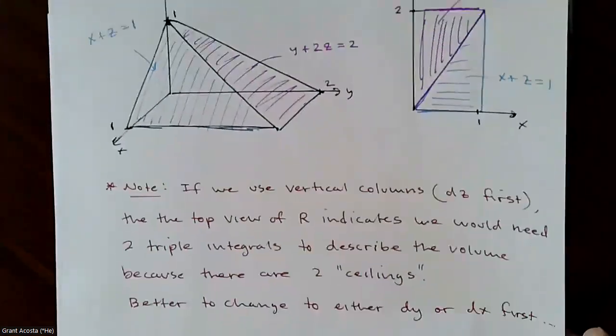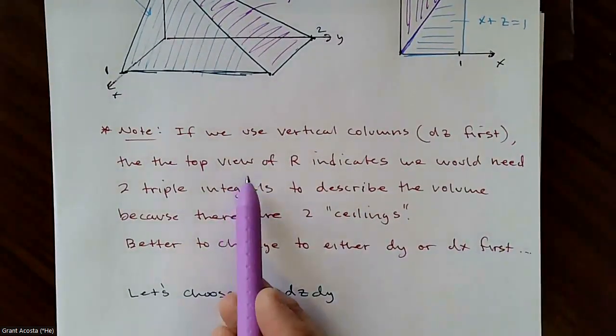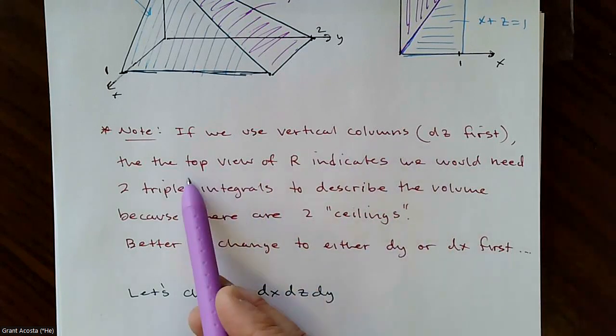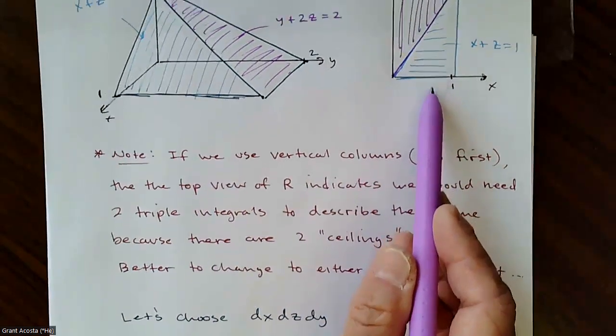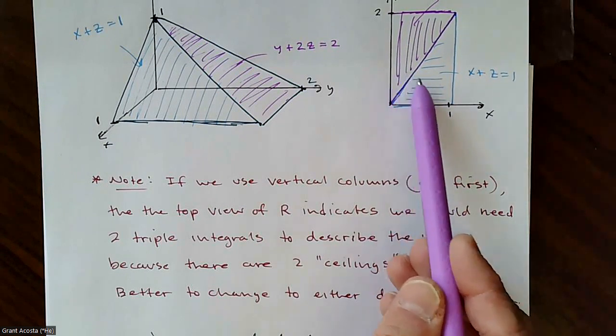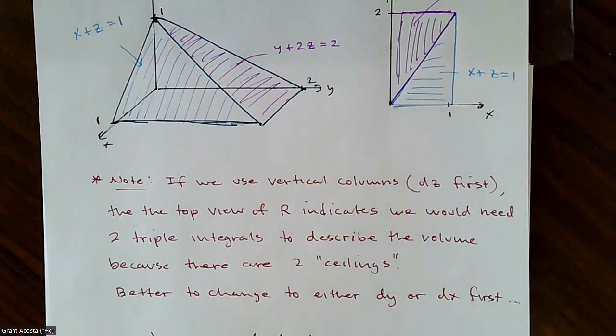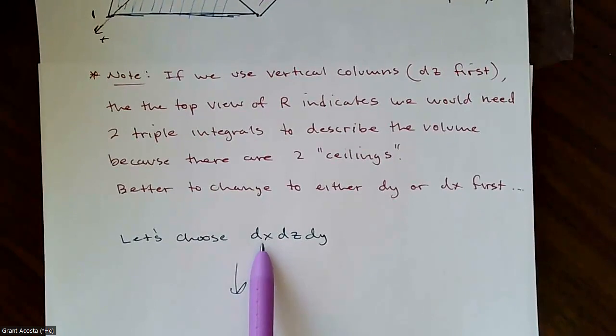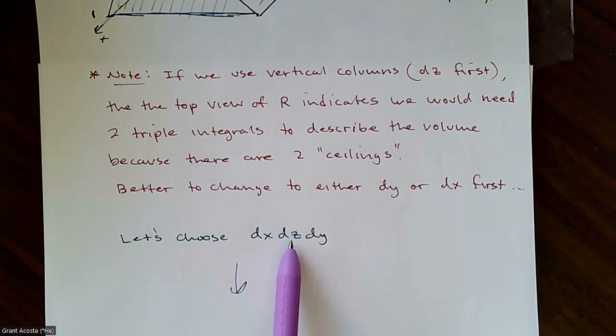So because of that, if we were to use vertical columns, in other words, do dz first, the top view of R, which we sketched right here, indicates we would need to use two triple integrals because we have two different ceilings. So this suggests maybe not doing dz first. It would be better to change to either dy or dx first. And I'm going to just arbitrarily choose dx first. We're going to do dx, dz, dy.